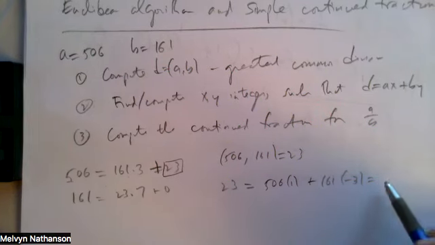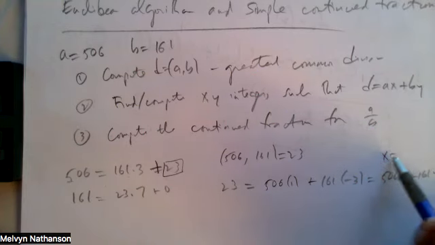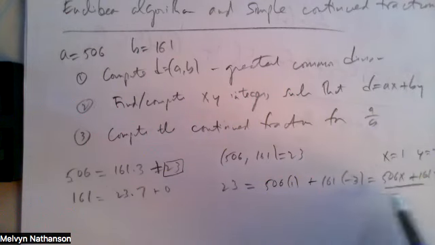This is of the form 506x plus 161y, where x is 1 and y is minus 3. So here I've written the greatest common divisor as an integral linear combination of 506 and 161.